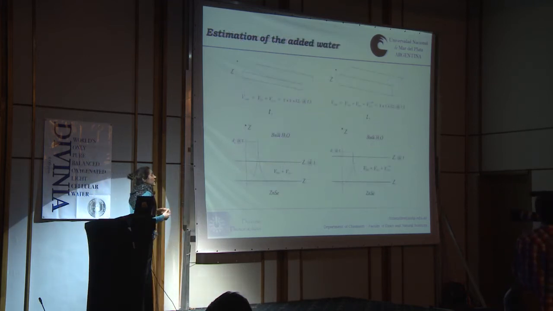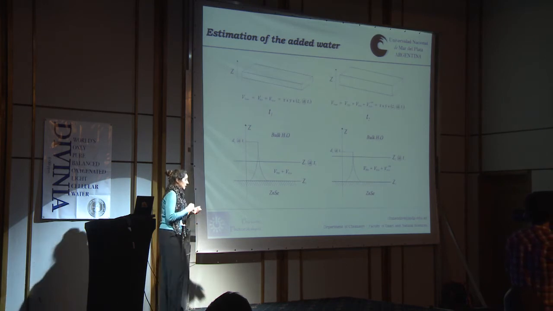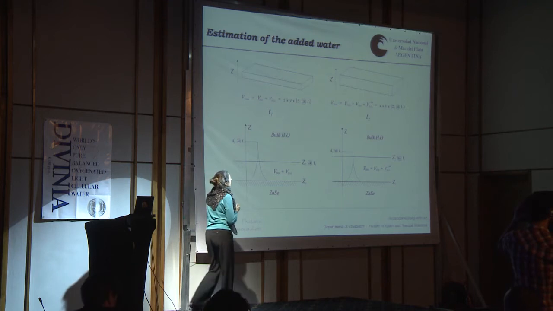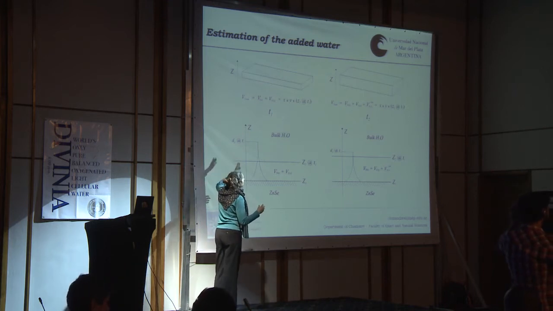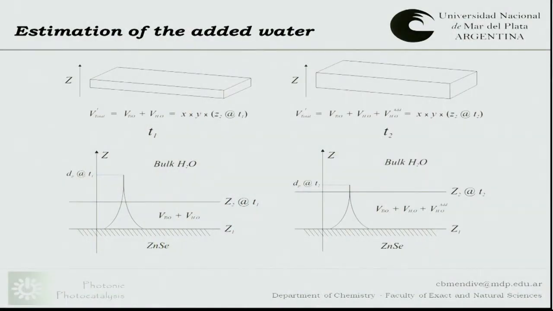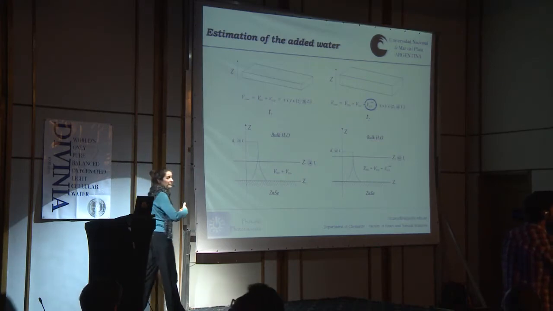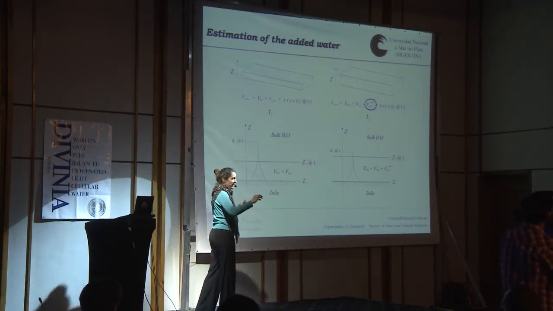In order to estimate the quantity of water that enters into the system, we have modeled our layer, assuming that it can grow only in the z direction, since x and y is fixed by the holder, and assuming that it grows only because water enters within the layer that we prepared.